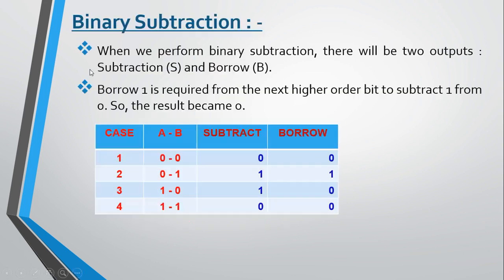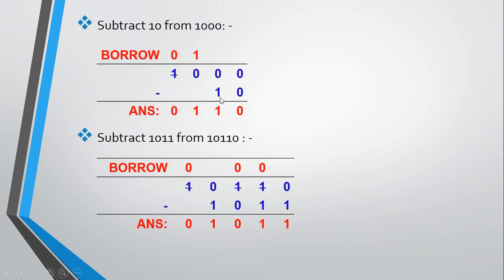Let me explain that point once again. Borrow 1 is required from the next higher order bit to subtract 1 from 0. So the result becomes 0. See over here it becomes 0, and 1 is marked over here and 1 is given over here.